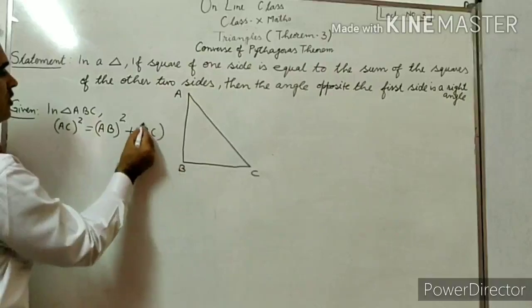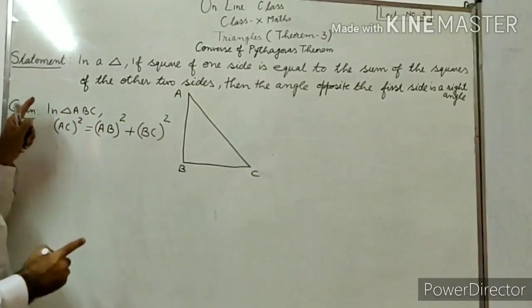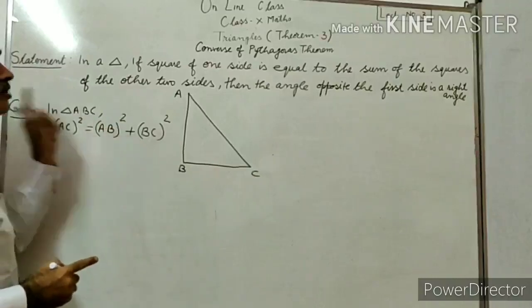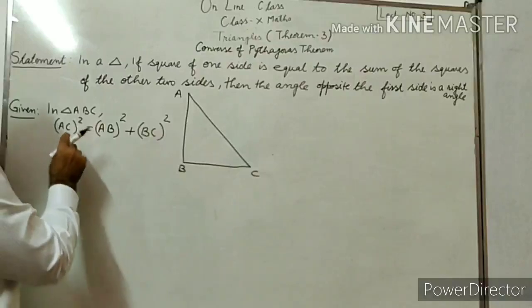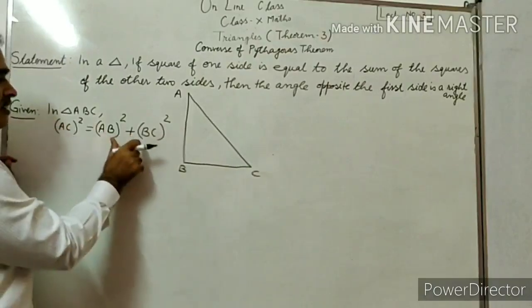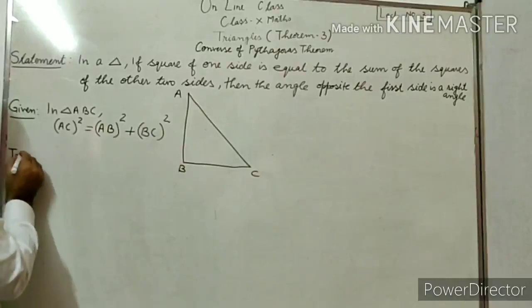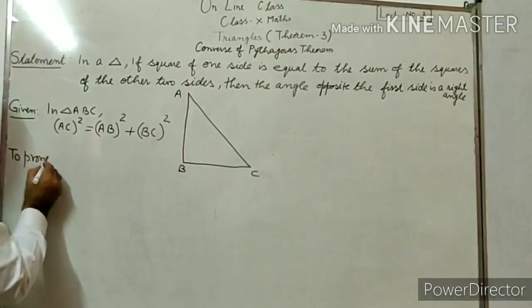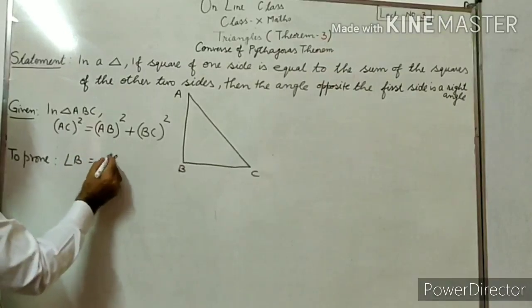It has been given to us. In Pythagoras theorem, the angle of 90 degrees is given and this we have to prove. But here the converse is there, that's why this has been given to us, and we are to prove angle B equal to 90 degrees.